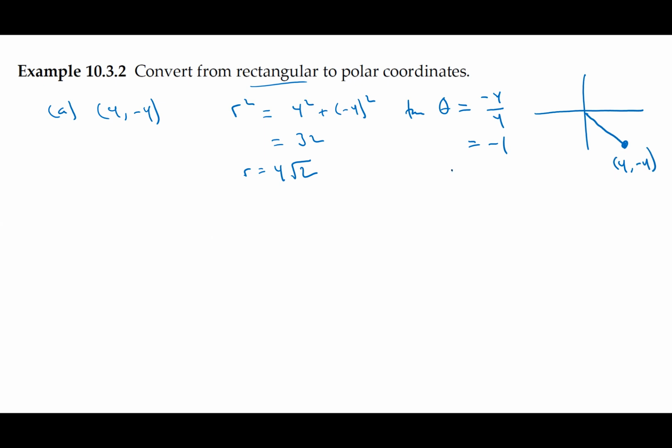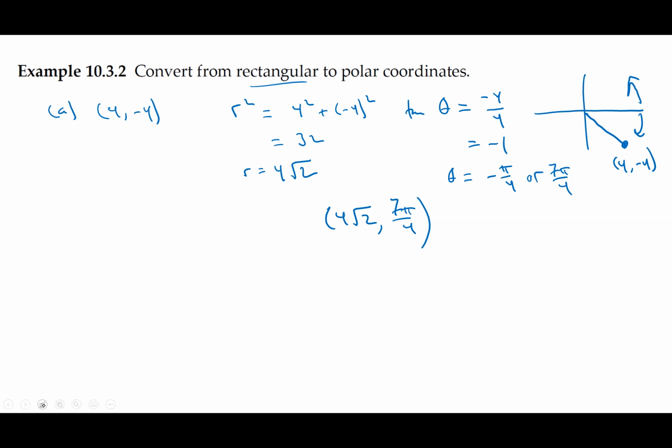So my theta is going to be either negative pi fourths, or I could call it 7 pi fourths, depending on which way I want to rotate. And so that point is the point 4 root 2, negative pi fourths. I'll keep things positive.